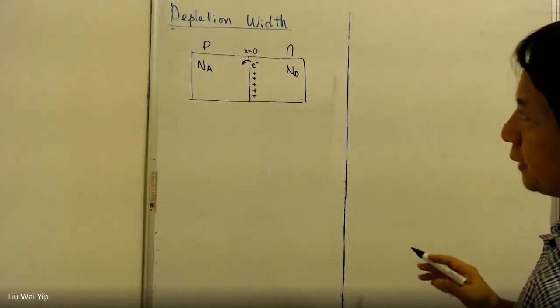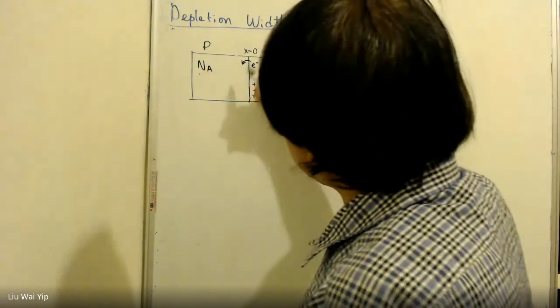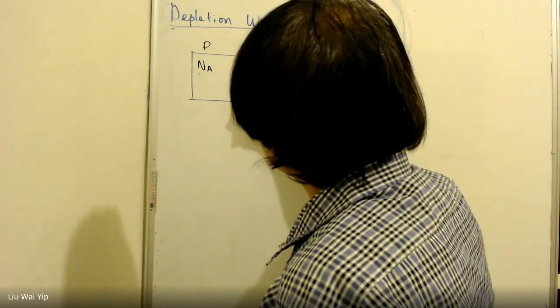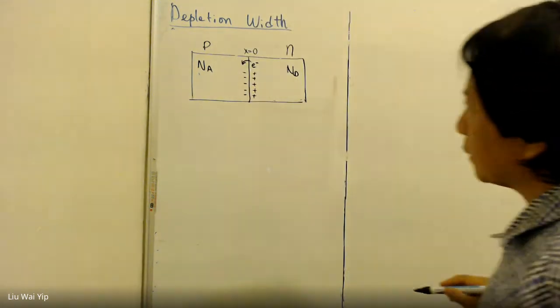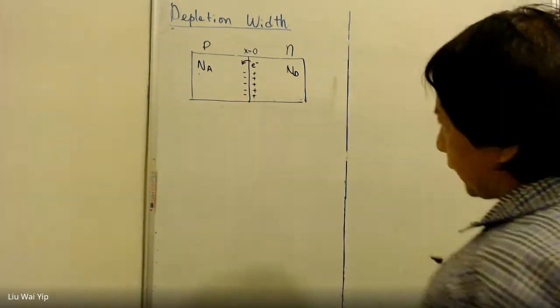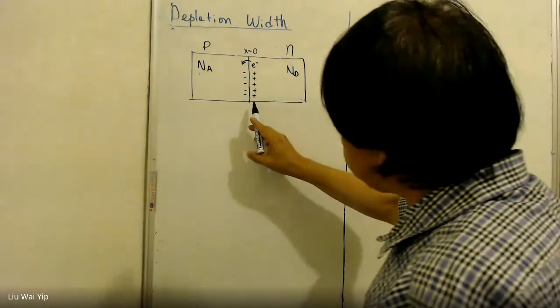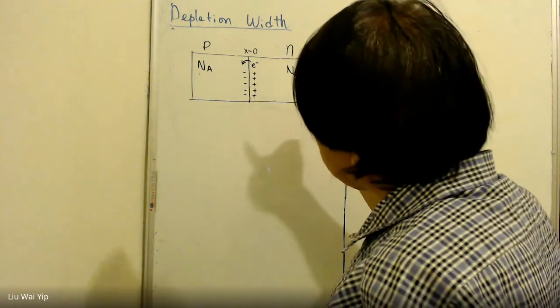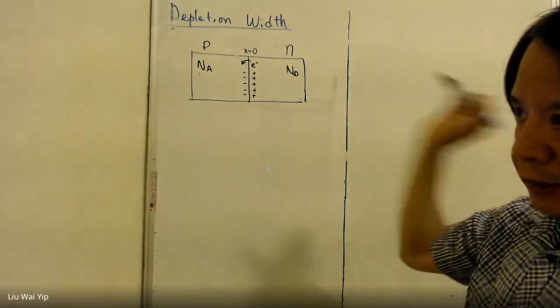On the other hand, in the P region, there is surplus negative charge right at the interface. So in other words, at the contact interface there is an electric field because of this charge imbalance. The electric field in this scenario is pointing leftwards.